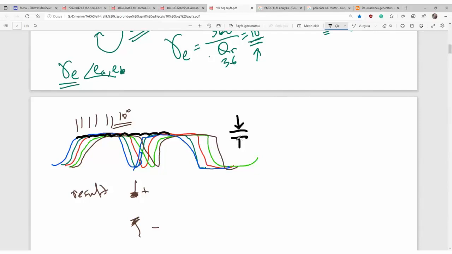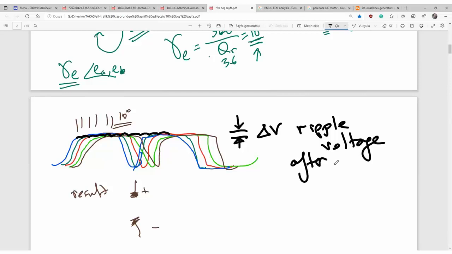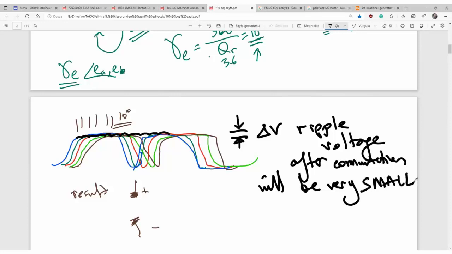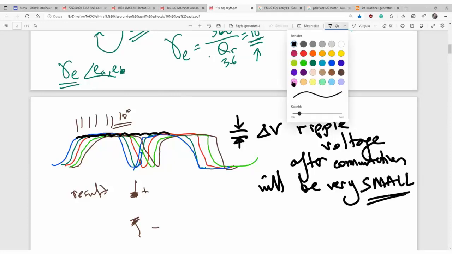Delta V, which is the ripple voltage after rectification or commutation, will be very small, ladies and gentlemen.